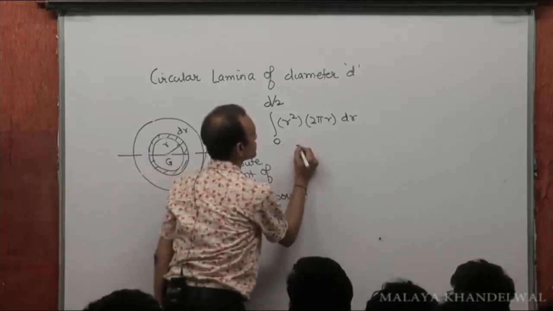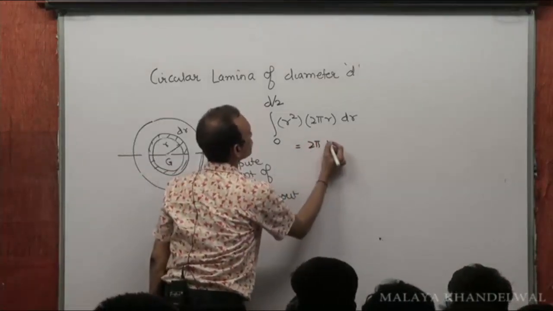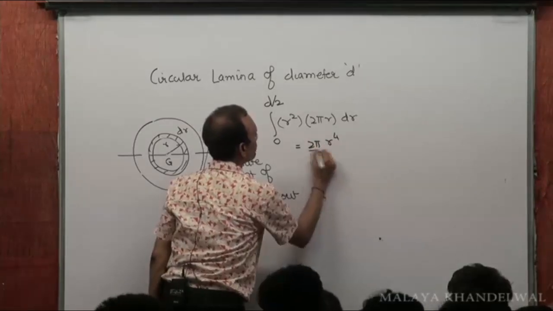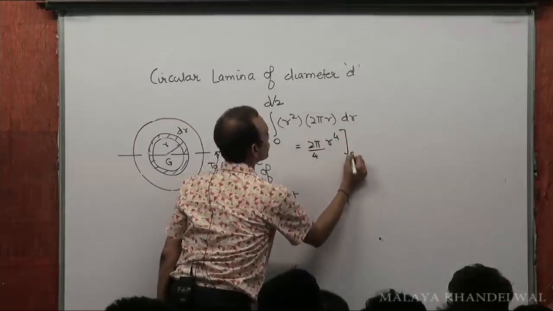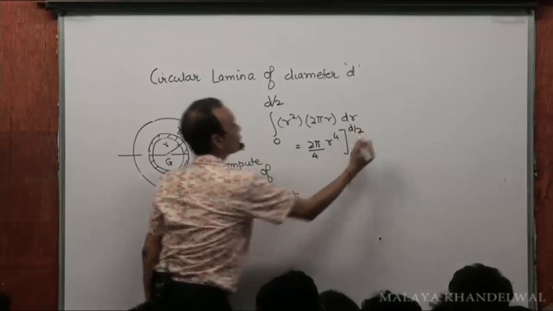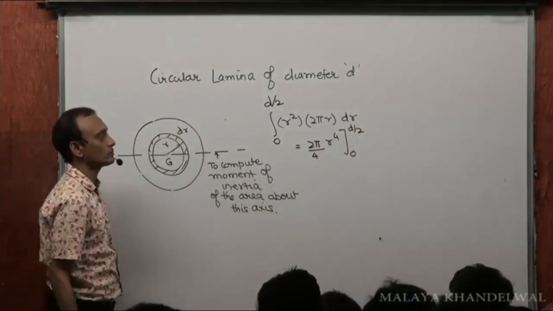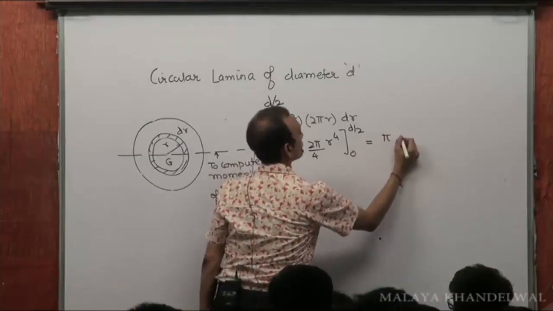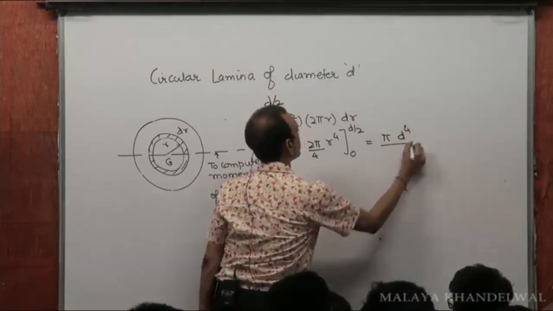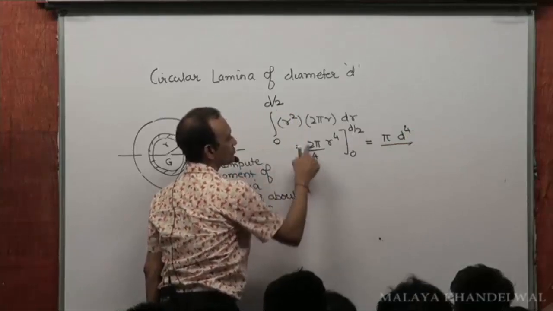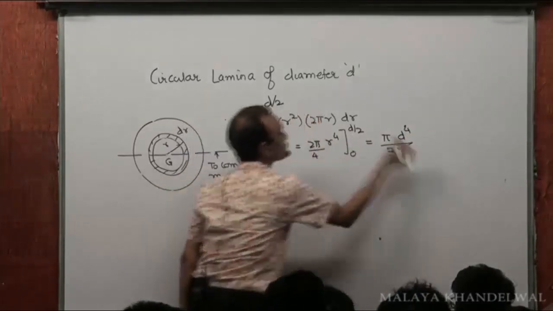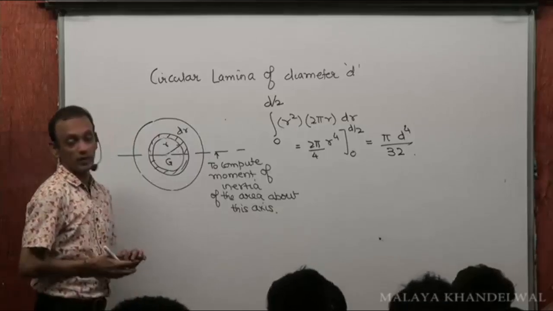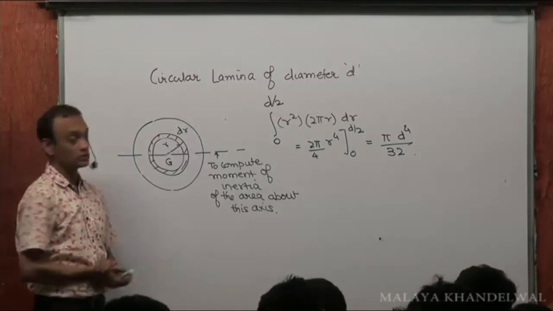So what does this turn out to be? 2 pi, this is r cubed, so r to the power 4 by 4, r running from 0 to D by 2. This is pi D to the power 4 by 32 about this axis.